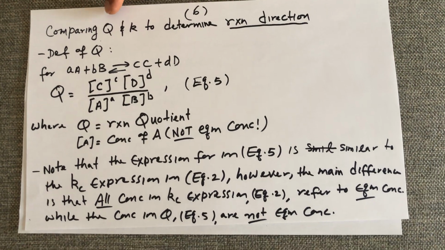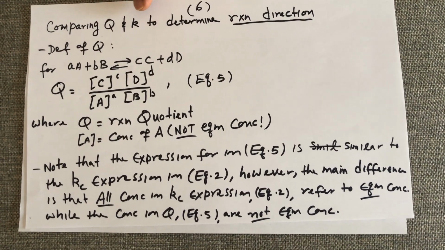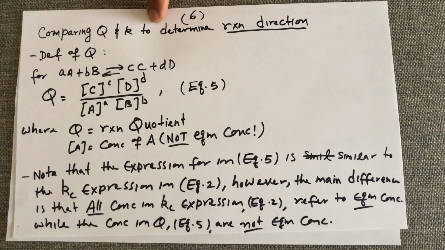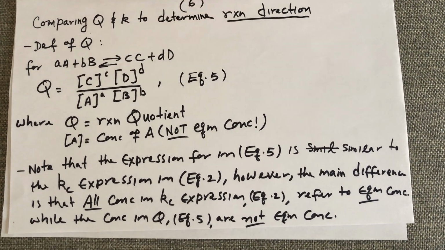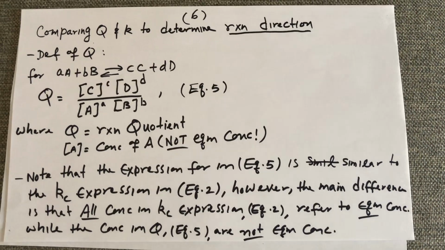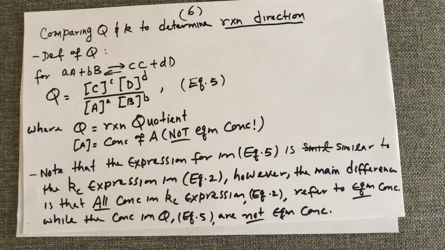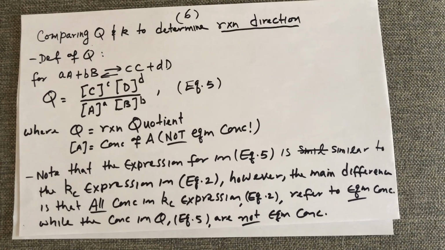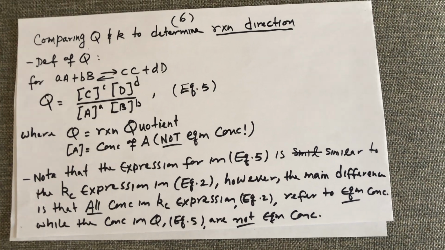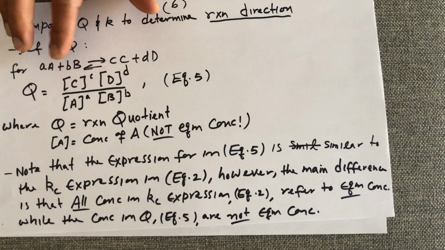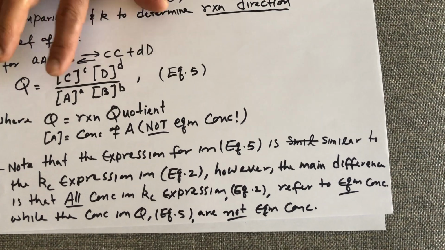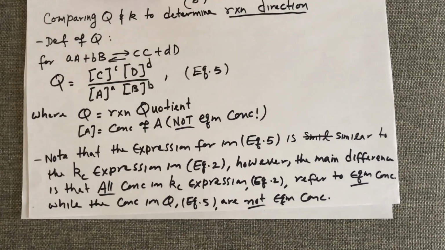Now, I believe you have this new section in your text as well, comparing Q and K to determine reaction direction. First of all, we have to define Q. Q is called the reaction quotient. Now, for a general reaction like this, Q is defined to be C to the c, D to the d, over A to the a, B to the b.